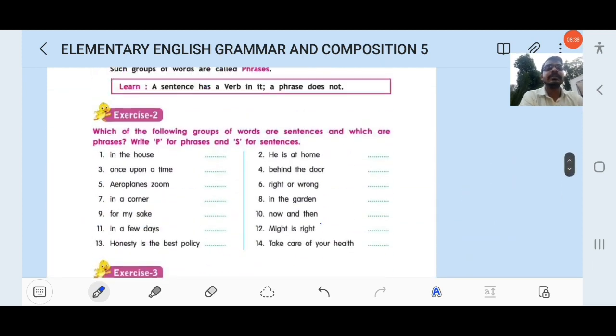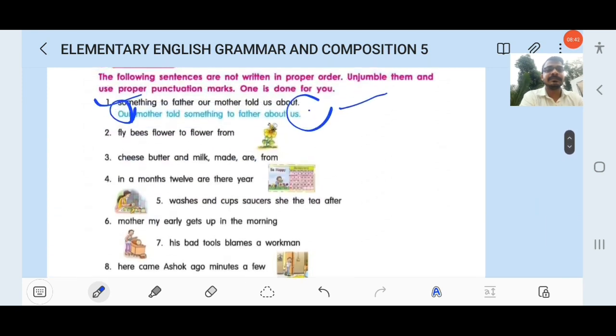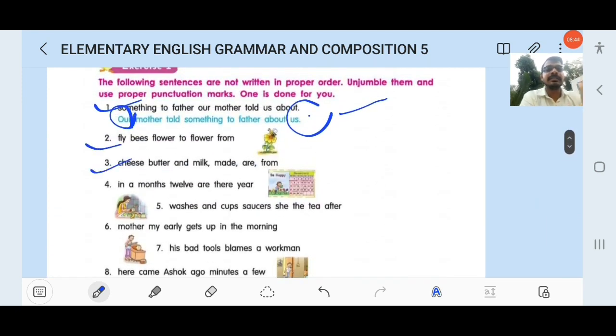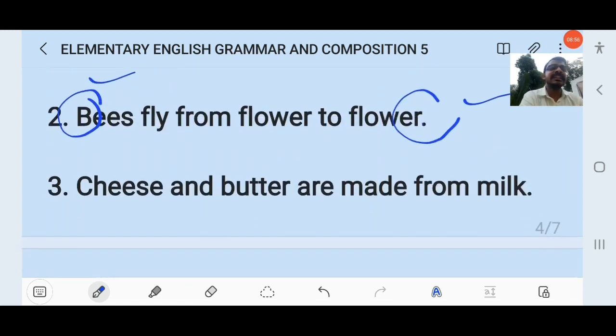Then next question: cheese, butter and milk made, are, from. Here you have to write: Cheese and butter are made from milk. The first letter C should be capitalized and end the sentence with a full stop.